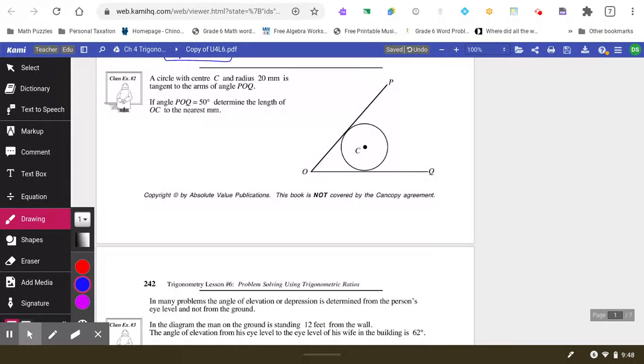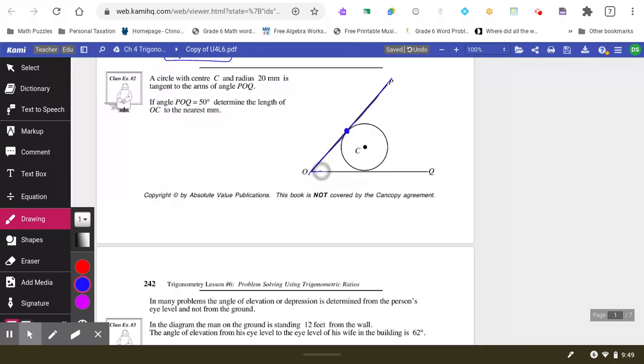Class example 2. Oh boy, a circle with a radius of 20 millimeters is tangent to the arms of the angle POQ. Hey, you guys, I don't know if you remember this, but when you have an angle, a tangent line and a circle, that means they touch in one spot.